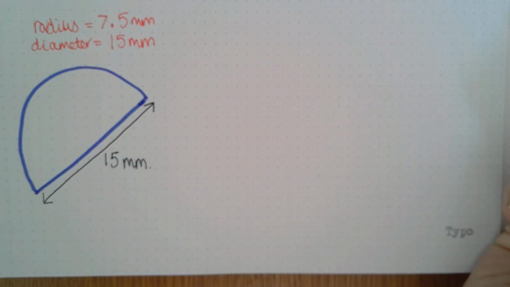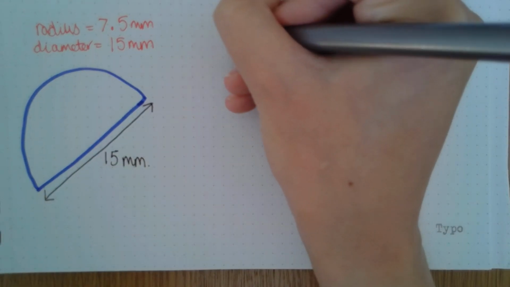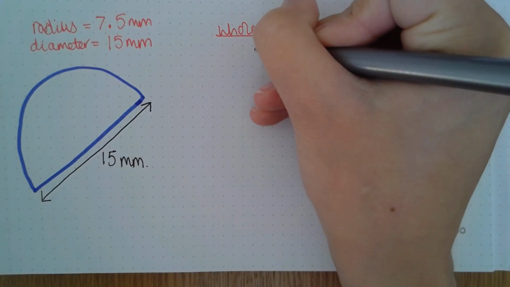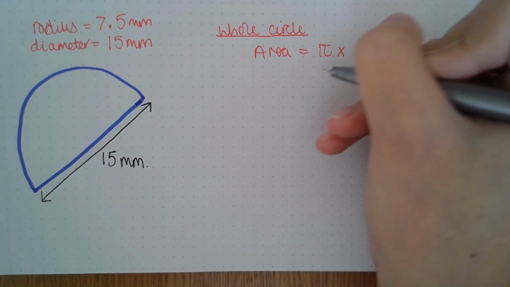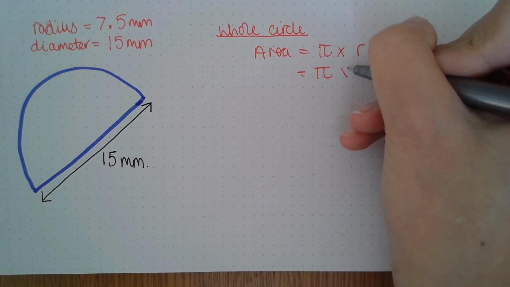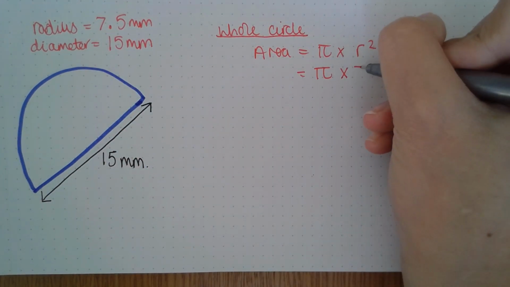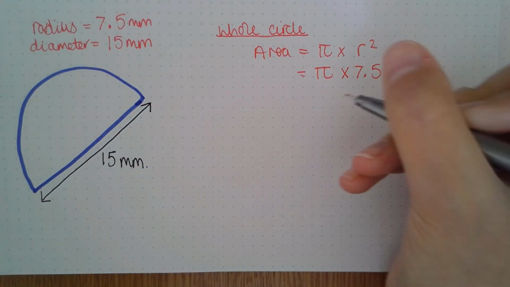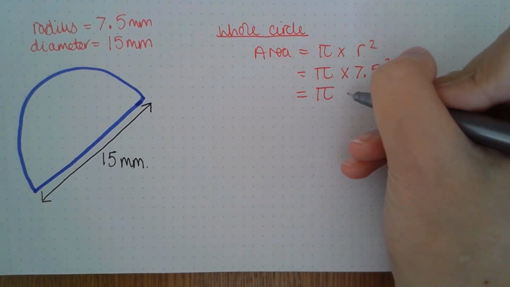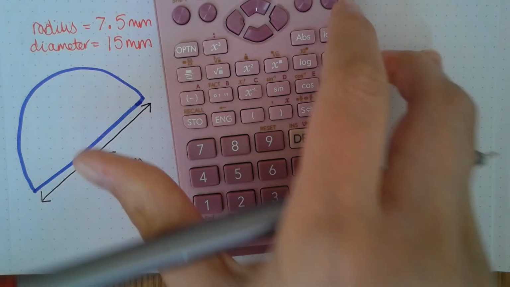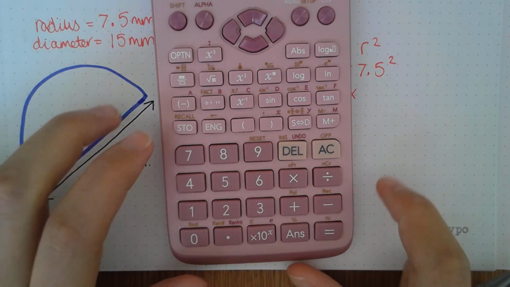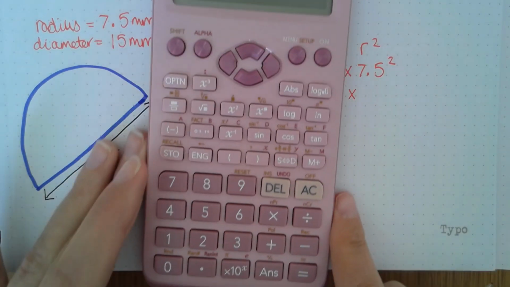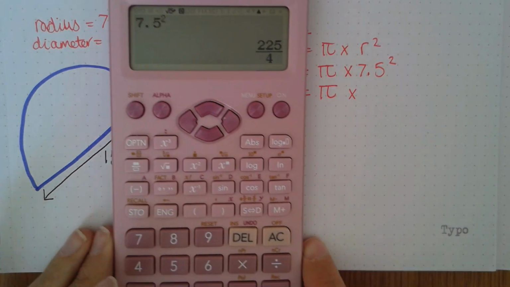So we want to find the whole circle first. So we've got area equals pi times r squared. Pi stays the same, times my radius is 7.5 squared. We need to work out what 7.5 squared is, so you can just type in 7.5 times 7.5 or the 7.5 squared button, doesn't matter which way you do it.